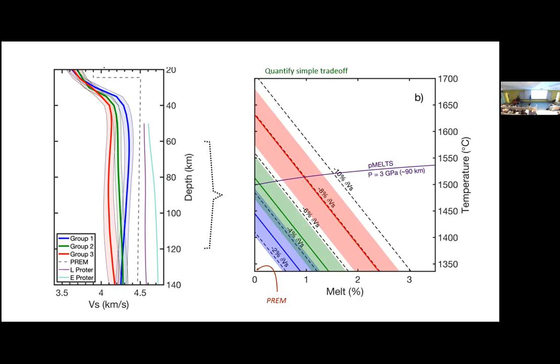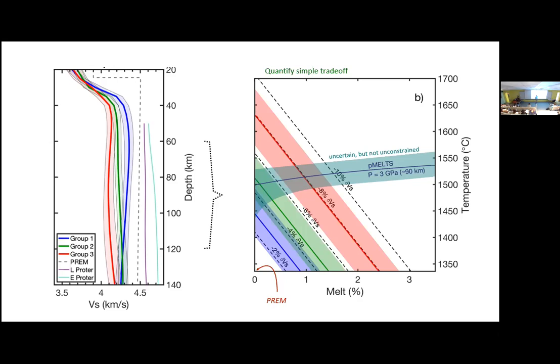But of course, melt and temperature cannot freely trade off with each other, right? Thermodynamics says that as you increase temperature, you also produce some melt. So we calculated using pMELTS what a melting curve would look like. And of course, if there are petrologists in the room, they're probably cringing inside. They're like, oh, you put in the wrong things, and if you put in water, it's all different. And of course, this is a vast simplification, and these are very uncertain relationships.